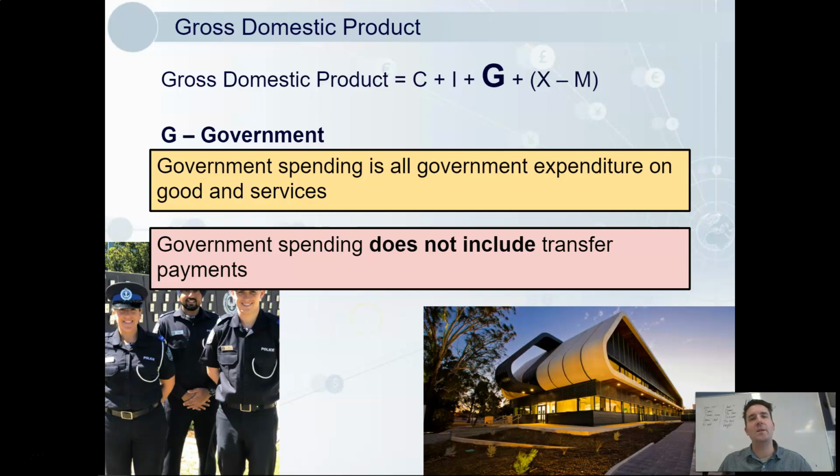Now, a transfer payment is when the government just gives money to people. So think of unemployment benefits or the old age pension, just giving money. So while the government is spending money, it doesn't technically count as government expenditure because they're not spending it on goods and services. So for that reason, it also doesn't count as gross domestic product because there's nothing produced.